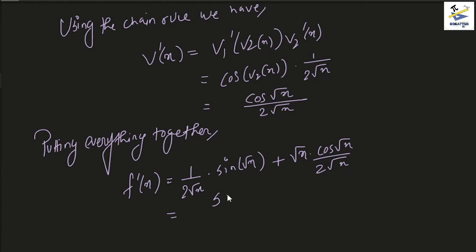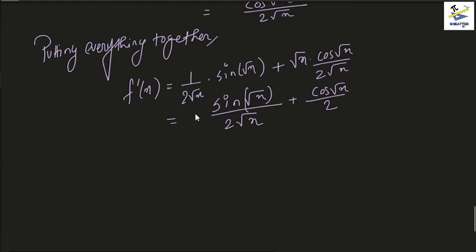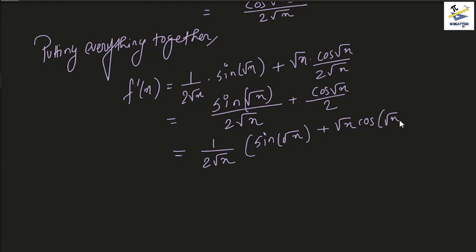This gives us sine of root x by 2 root x plus cos of root x by 2. So we can just simplify it and do the LCM to write this as 1 by 2 root x into sine of root x plus root x cos of root x, which is the answer to this problem.